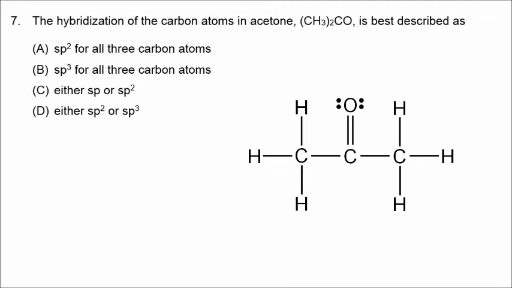Each of the carbons on the end has 4 electron domains, so they are sp3 hybridized, but that central carbon atom carries a double bond to oxygen, and there are only 3 electron domains around that carbon. So that central carbon is sp2 hybridized, making the correct answer to number 7 D.